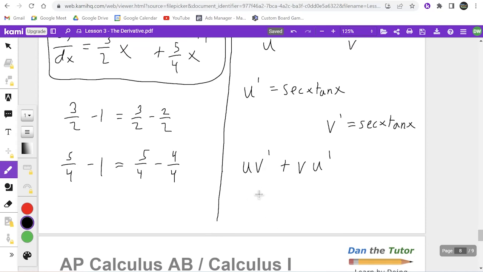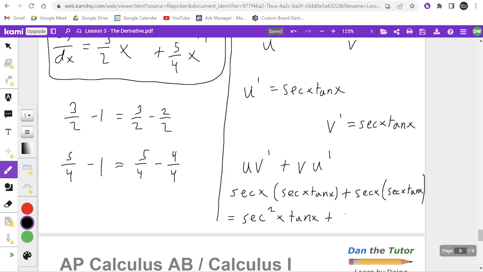So now the derivative of this is u, which is secant x, times v prime, which is secant x tangent x, plus v, which was secant x, times u prime, which was secant x tangent x. You'll notice this will simplify because the secants can multiply together. You'll get secant squared x times tangent x plus another secant squared x times tangent x, because that's the exact same thing.